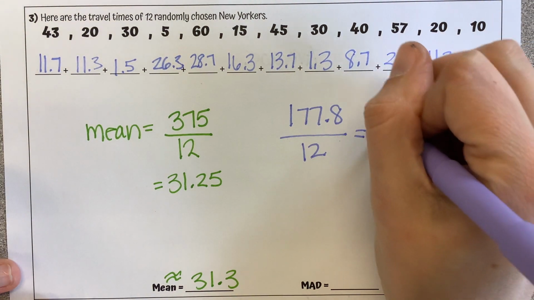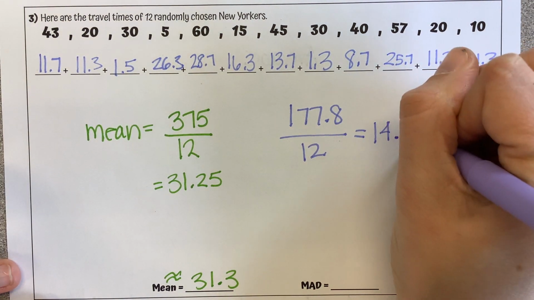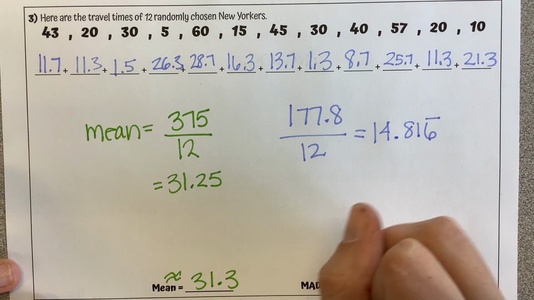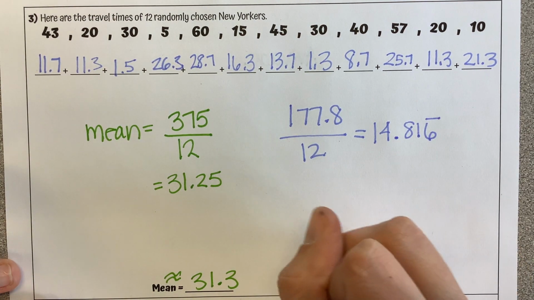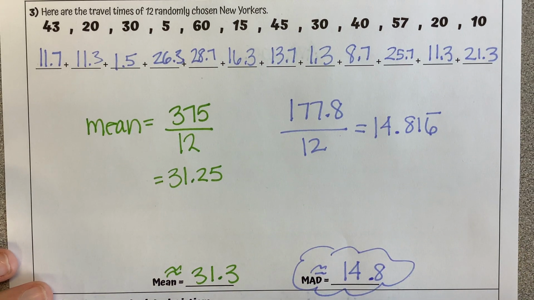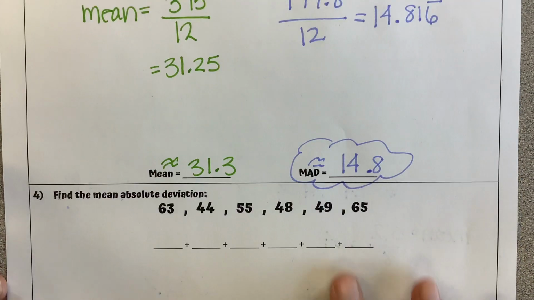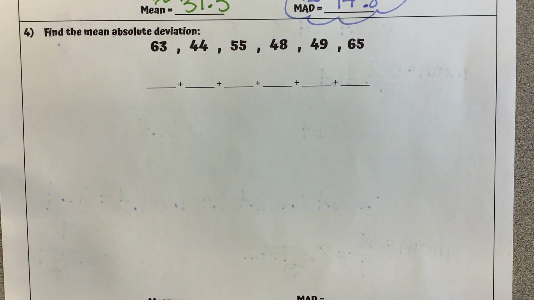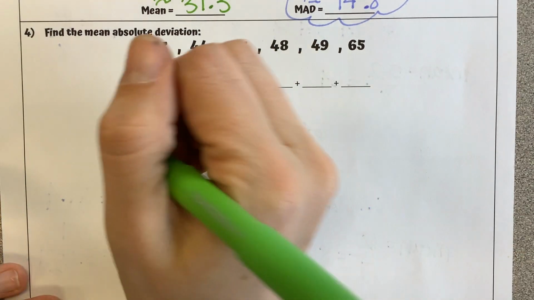gives us a long decimal, 14.816 repeating, which I'm going to round to 14.8. And one more, just to make sure that we got the habit in. Let's go ahead and find our mean first.